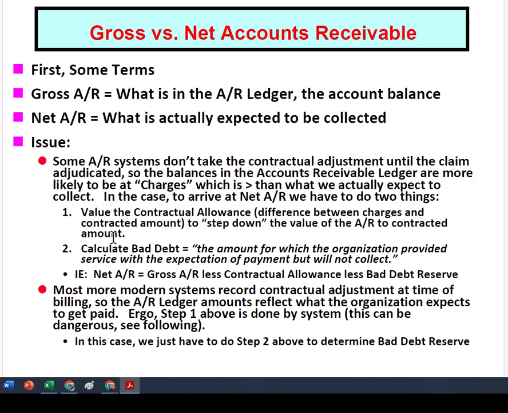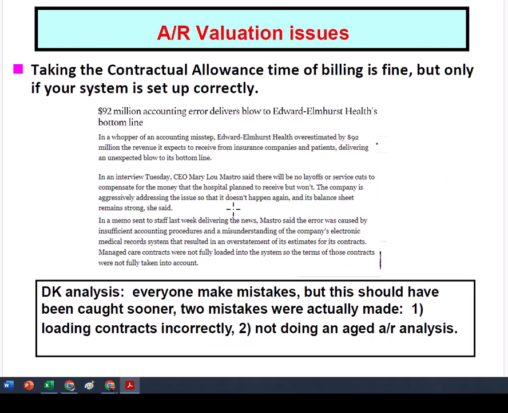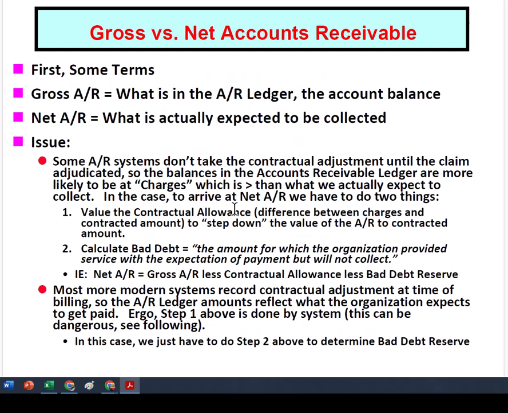So we had to take into account, when we're valuing that accounts receivable ledger, how much we actually expect to collect. We had a two-step process. We had to try to estimate the contractual allowance, which is the contractual discount. And then we had to estimate the bad debt, which is owed, but it's not going to get paid.